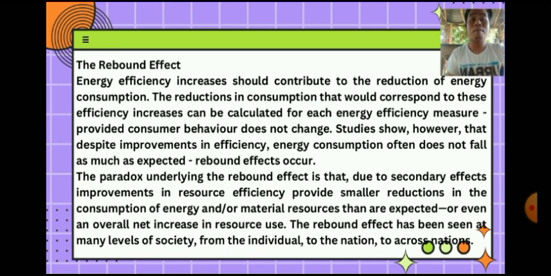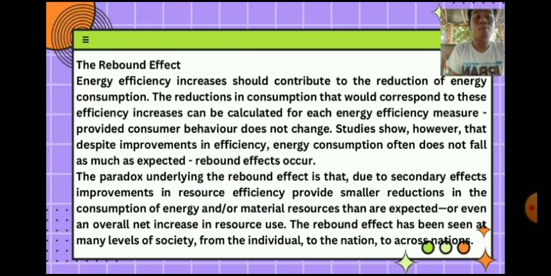The next paragraph. According to Jevon's paradox, underlying the rebound effect is that due to secondary effects, improvements in resource efficiency provide smaller reductions in the consumption of energy or materials than expected, or even an overall net increase in resource use.